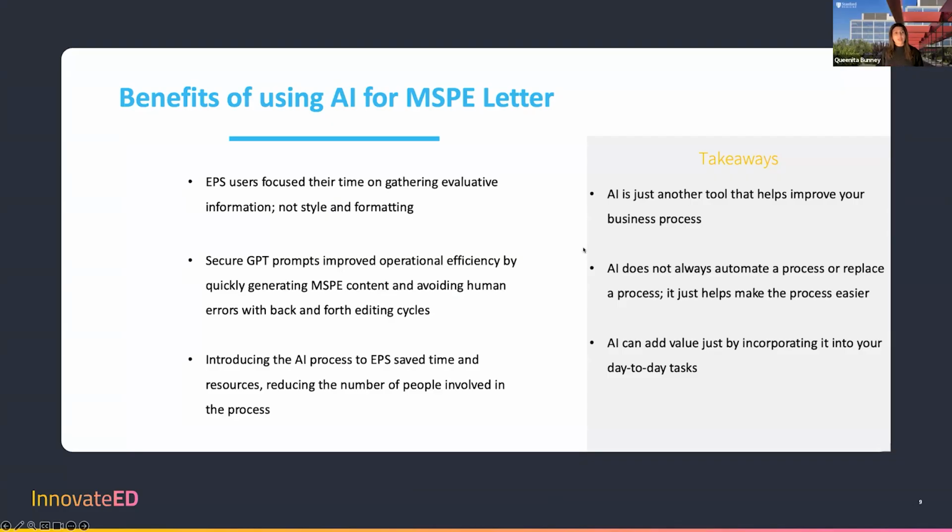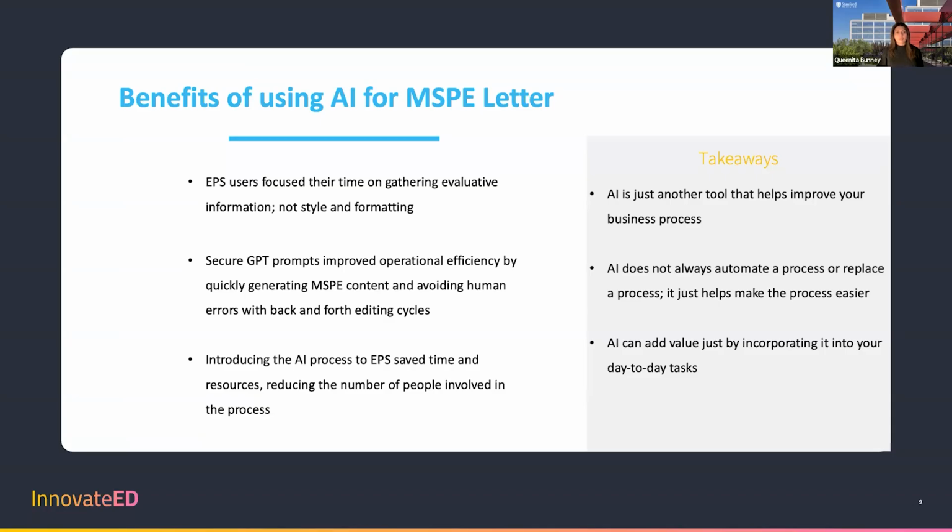Great. Okay, so benefits of using AI for the MSPE letter. As we have just seen, the MSPE letter was generated, or content within it was generated using the generative AI prompts. So some of the benefits of doing that is the EPS users can now focus their time on gathering evaluative information, not just style and formatting.